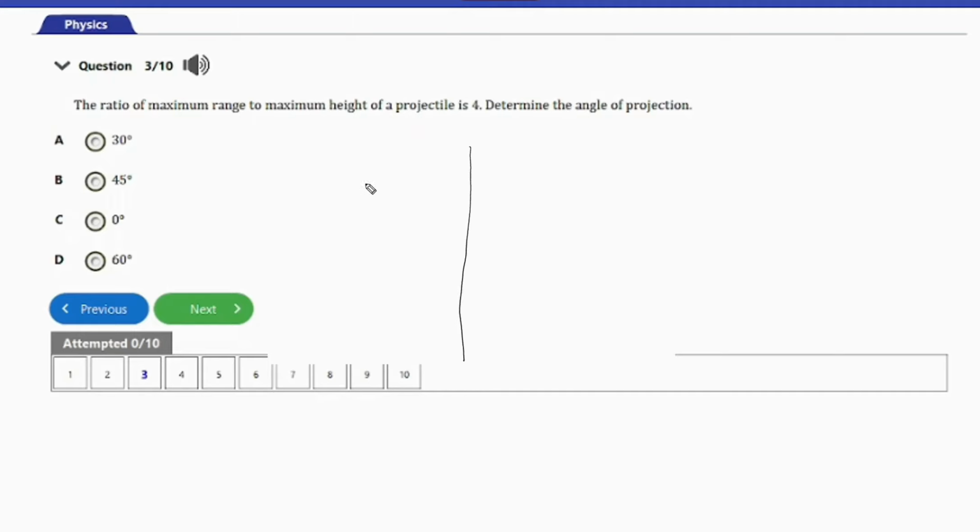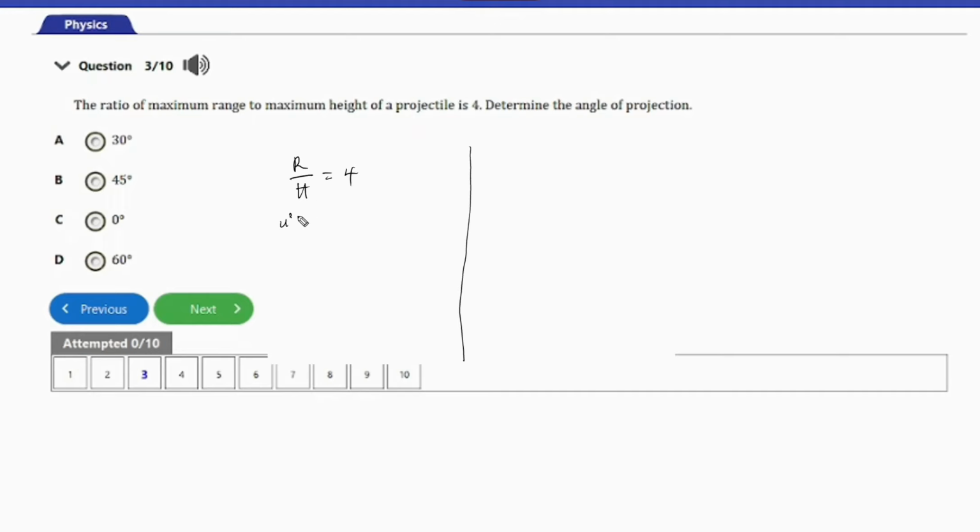Alright, so guys, for us to determine the angle of projection here, we're going to have that the ratio of maximum range to maximum height is actually the maximum range R over the maximum height H, and that's equal to 4.